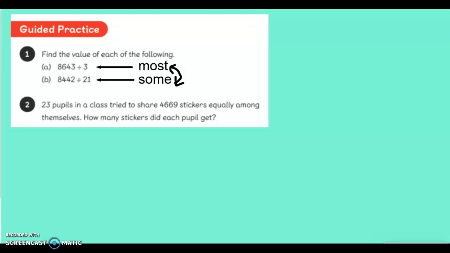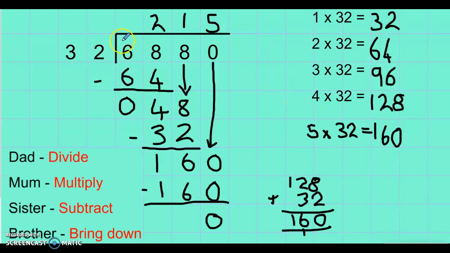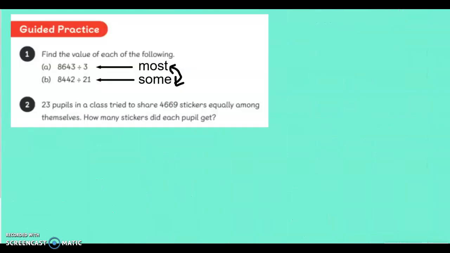Remember, everybody, if you do get stuck, think back at this method, look and see where it is on the video, and you can always rewind back to that point and go through that method again when I was explaining it.